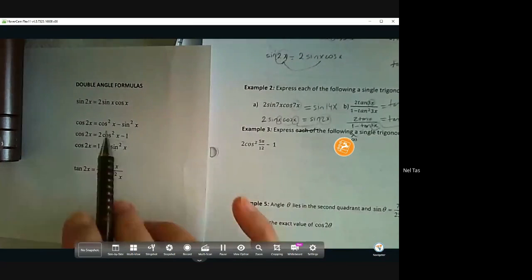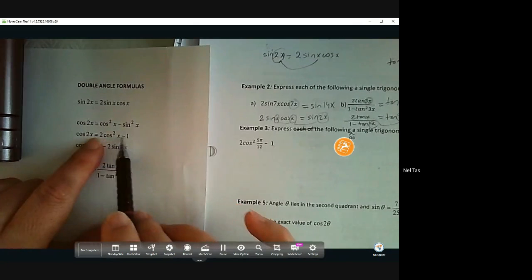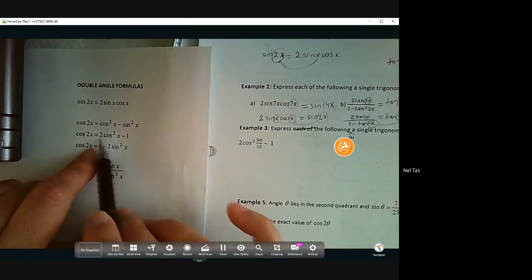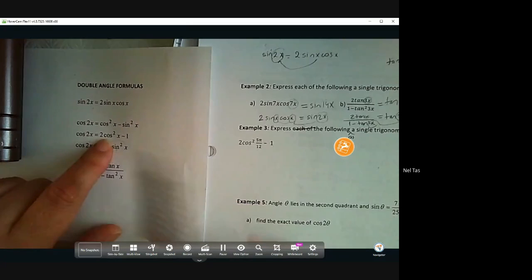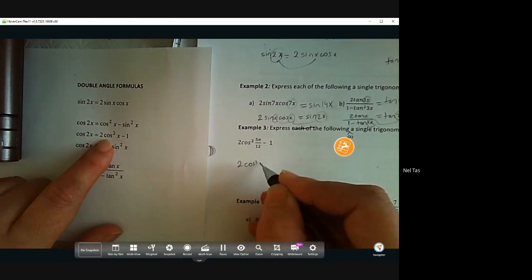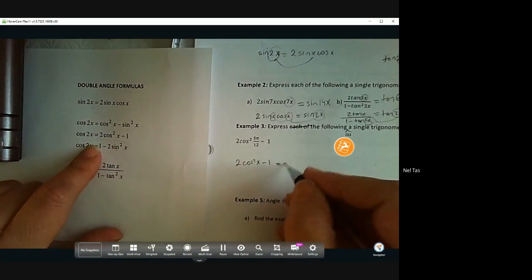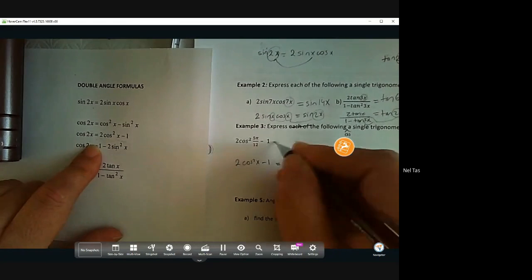If you look at these double angle formulas, we see that cos 2x equals 2 cos squared x minus 1. So it looks like the right side of this cos 2x formula. If we had 2 cos squared x minus 1, then we could simplify it as cos 2x.